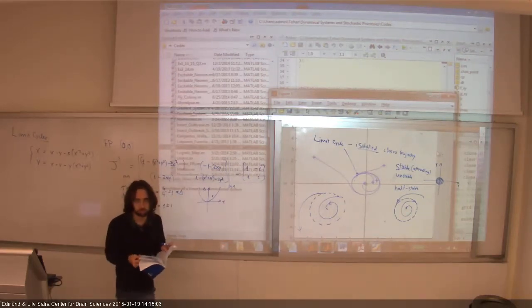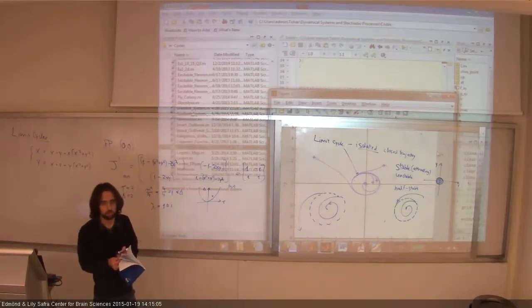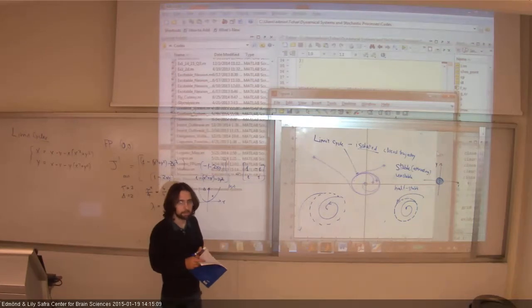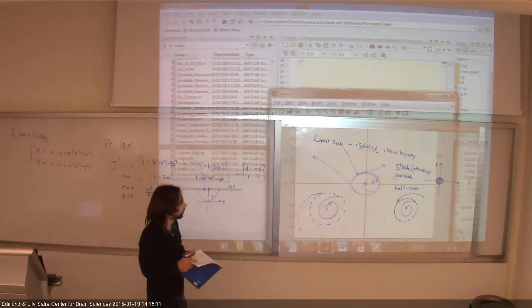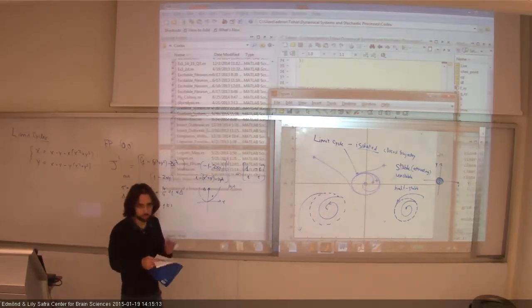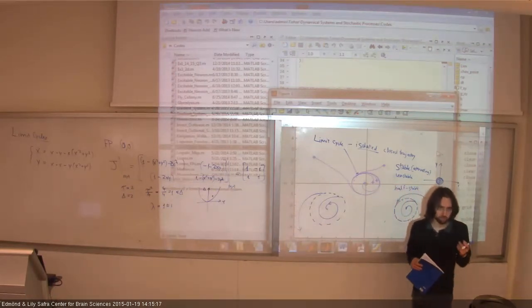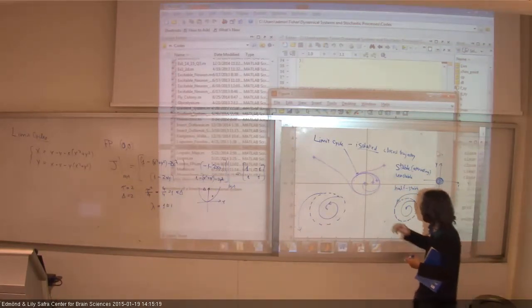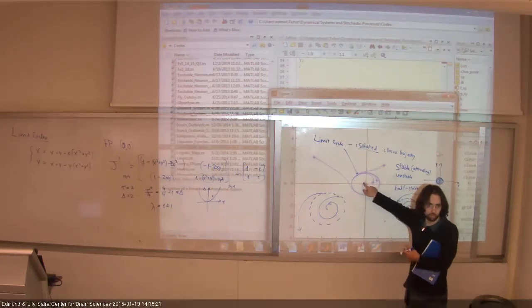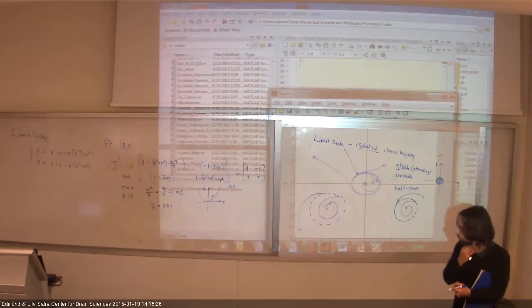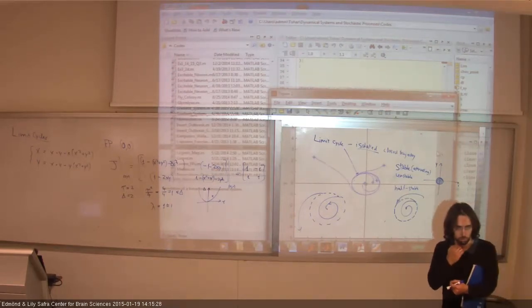Yes? How do I know the direction of the limit cycle? The direction of how the limit cycle turns? Which is clockwise or counterclockwise? You don't. If you remember in your exercise, you could find the direction around this spiral according to the structure of the matrix of linearization.